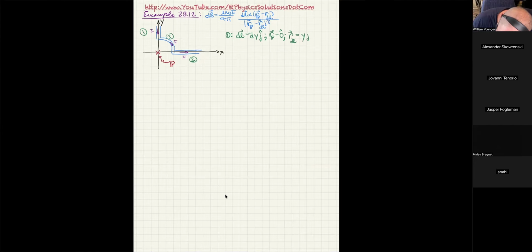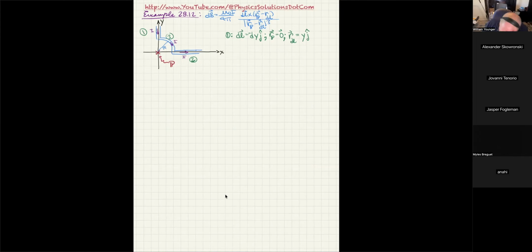So I'm just going to say y j hat like that. But the criteria of this that we need to understand is that y must start at, let's say r, because we're imagining the radius of this is r. So I can only consider y being r or larger for that particular portion of the integral.